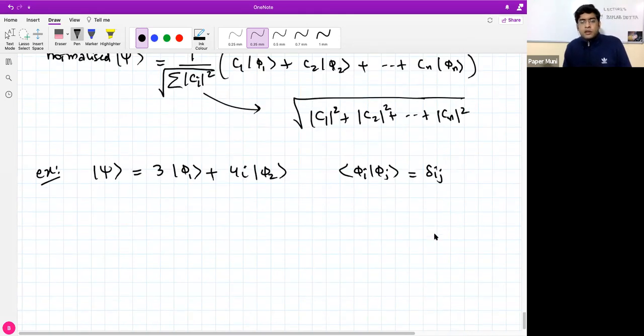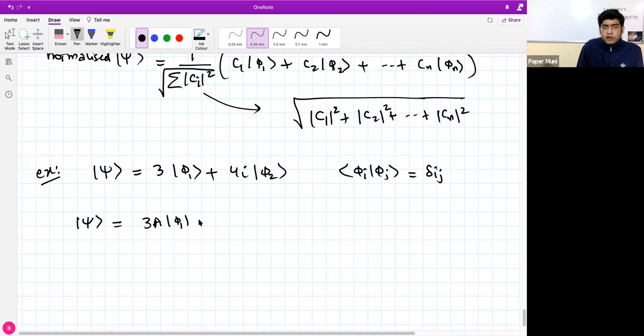Tell me what will be the normalized psi? You can do it this way also. Assume that there is a factor a which we multiply to make it normalized, so psi is 3a phi 1 + 4i a phi 2.